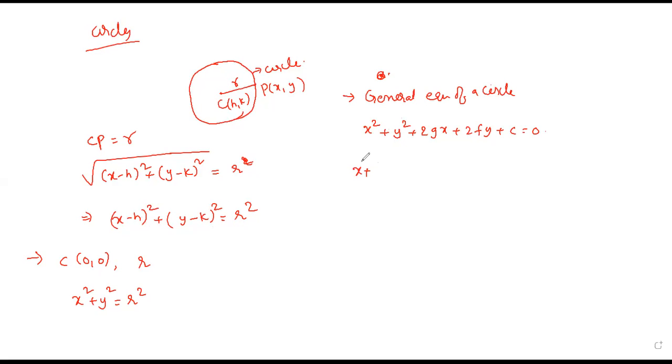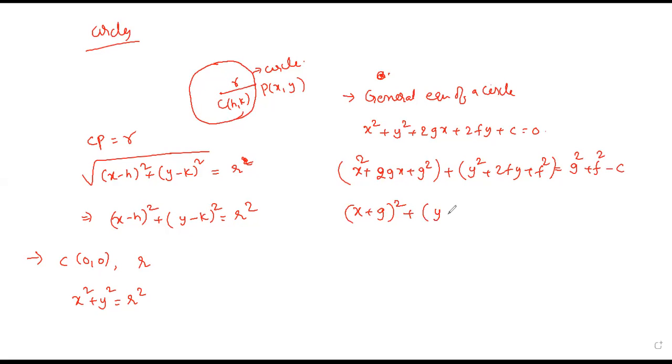You can write this as x square plus 2gx, and you add g square. Similarly, the y terms: y square plus 2fy plus f square. Here we are adding g square and f square extra, and we take c to the right side, that is minus c. So the first three terms you can write as (x plus g) whole square, and the next three as (y plus f) whole square equals root of g square plus f square minus c, whole square.